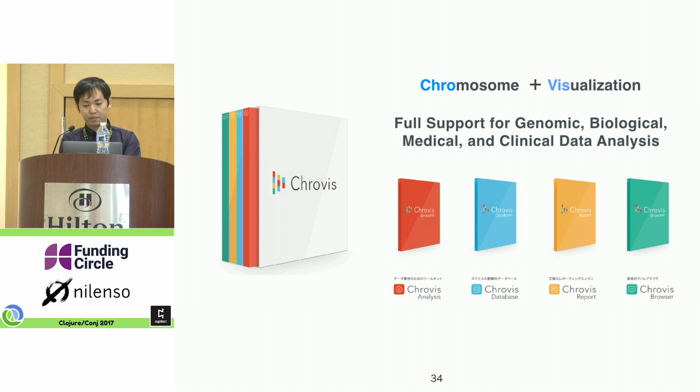Clovis consists of 4 modules: Clovis analysis for genomic data analysis, Clovis database for connecting genomic information and academic knowledge, Clovis report for reporting medical results to clinicians and expert panels, and Clovis browser for visualizing and analyzing information for researchers. Clovis is actually used in some fields, for example, in a project at the University of Tokyo.